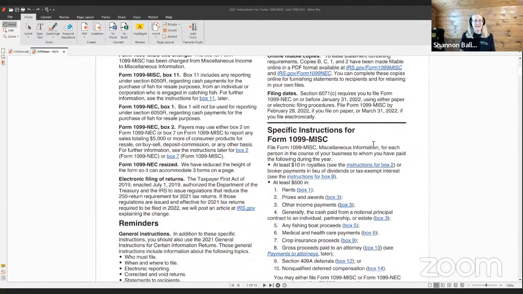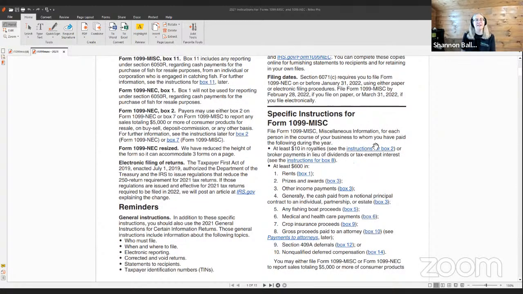In the 1099 NEC box 2, payers may use either box 2 on Form 1099 NEC or box 7 on Form 1099 miscellaneous to report any sales totaling $5,000 or more of consumer products for resale on a buy-sell, deposit-commission, or any other basis. For information, see the instructions later for box 2 on Form 1099 NEC or box 7 on Form 1099 miscellaneous.